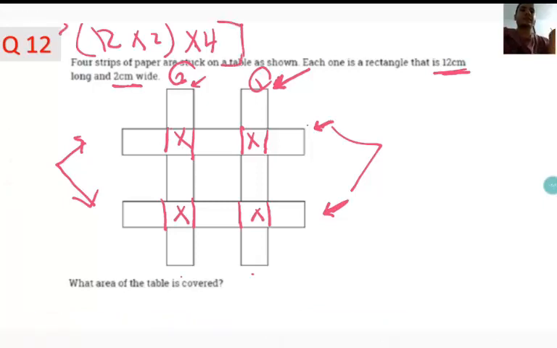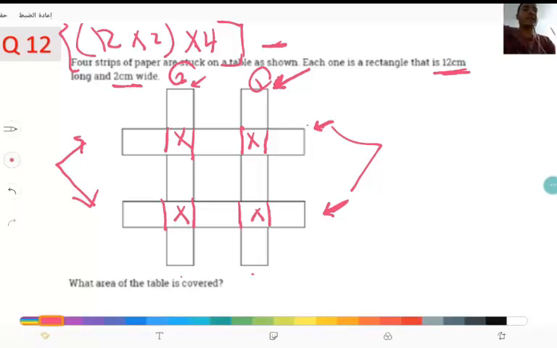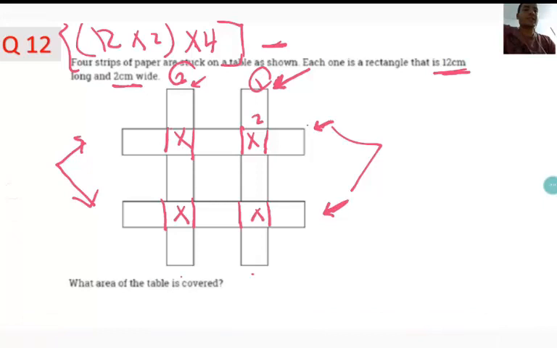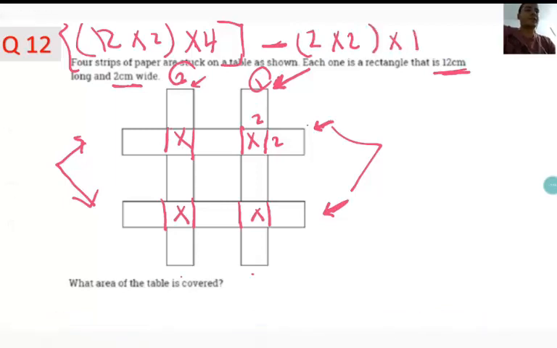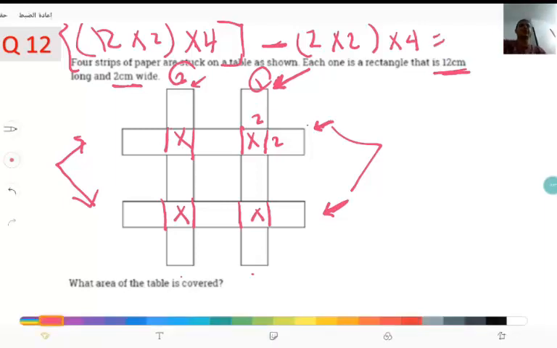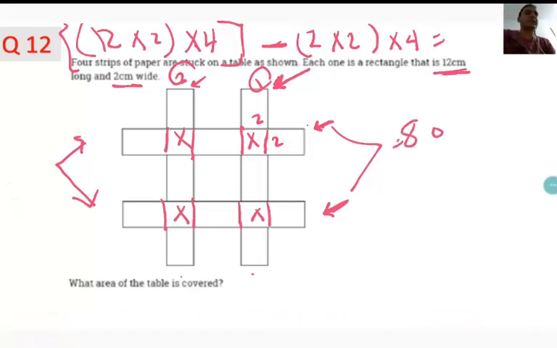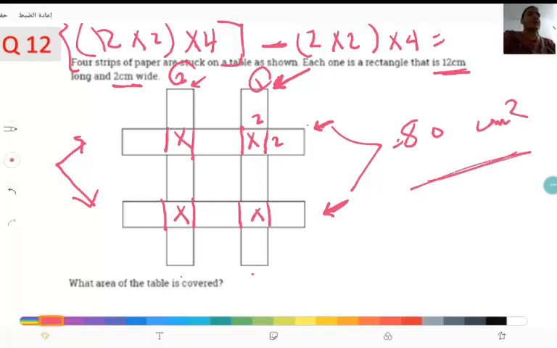But subtract the area of the 4 parts X. This one is 2, this one is 2, so 2 times 2 is the area of the part X, and we have 4 of them, so times 4. That's the area covered by the strips on the table. Finally, it is equal to 80 centimeter squared. 80 centimeter squared were covered by the 4 strips.